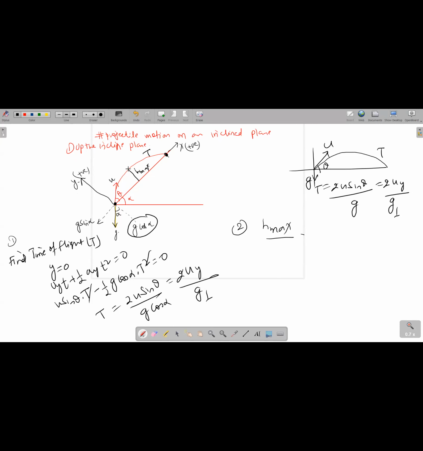At this maximum point, the ball will have only horizontal velocity. There is no vertical velocity along the y-axis, so here the y component of the velocity will be 0.